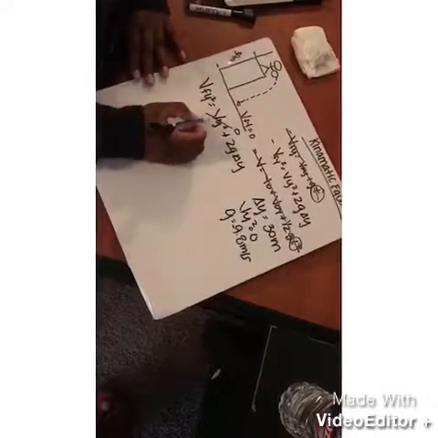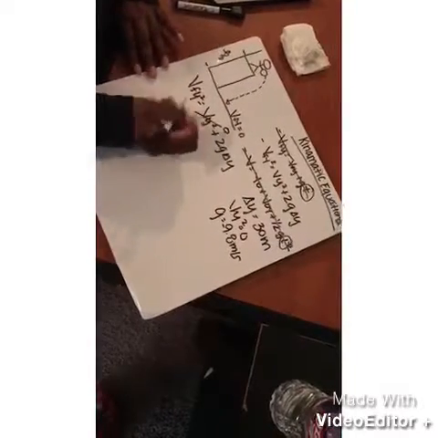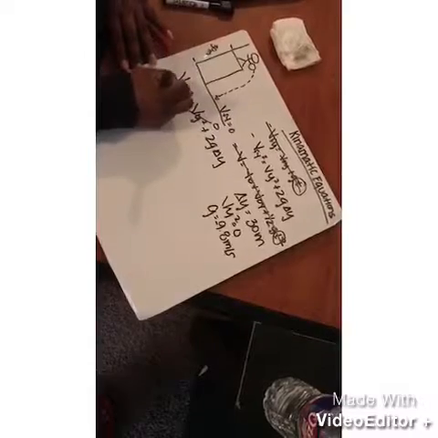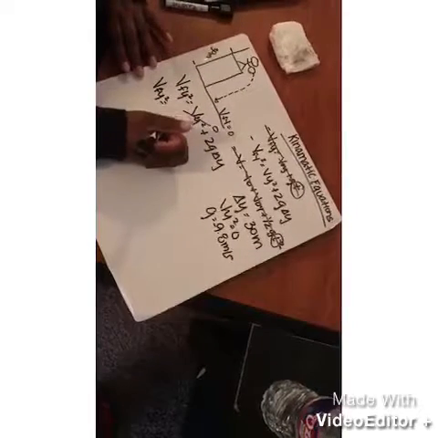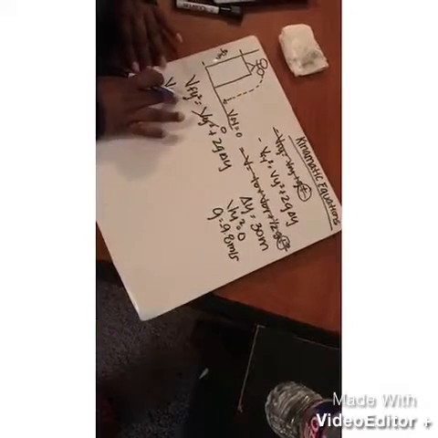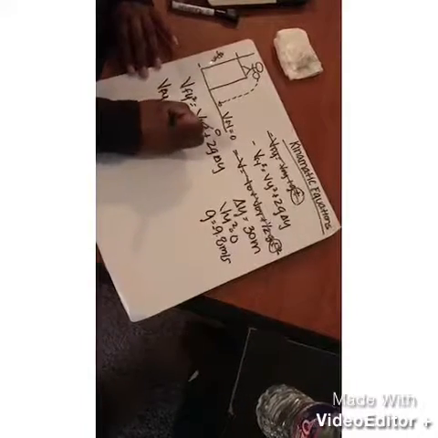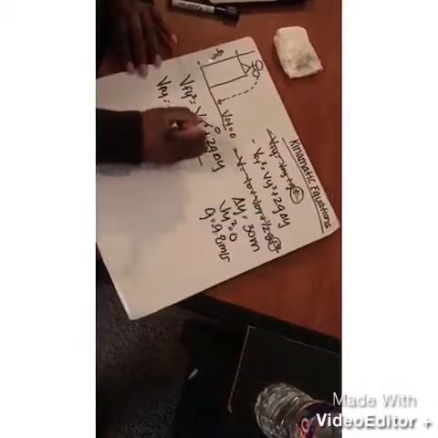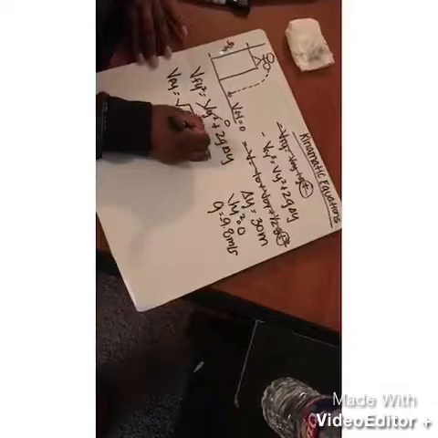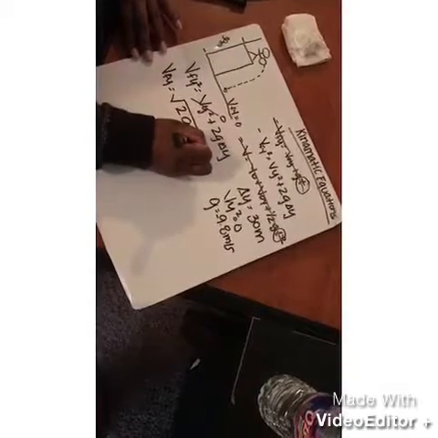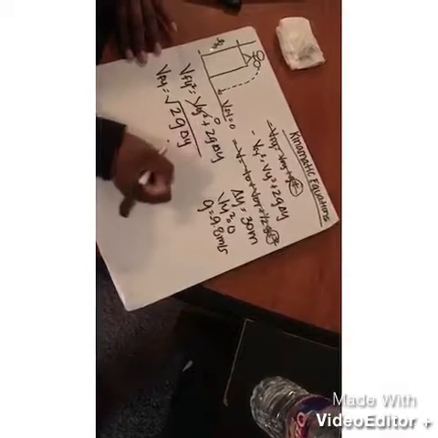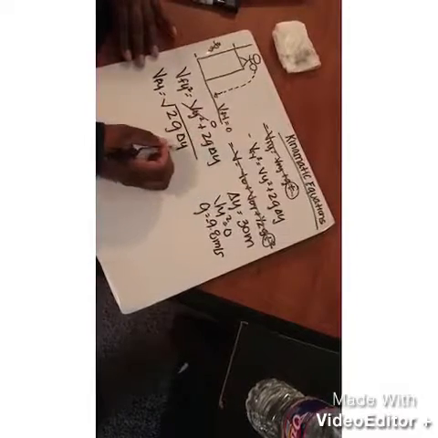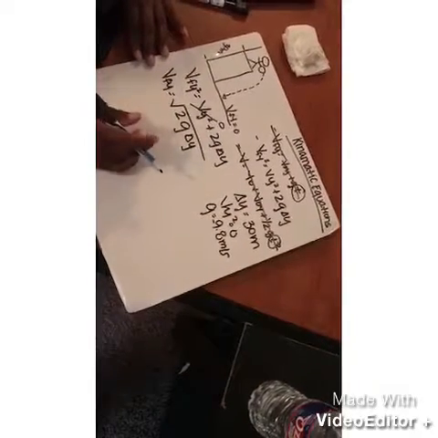So since we're not using the initial velocity, it will be V final squared, well, it wouldn't be squared because now we're just going to take the square root of everything. So it'll be 2 times gravity times the Y direction. So we have to find our Y direction, initial and final.